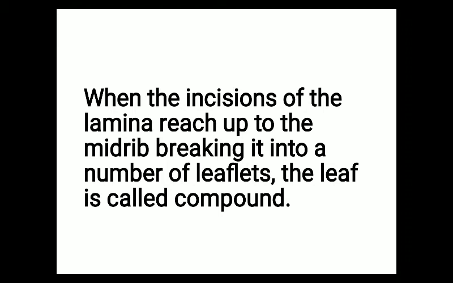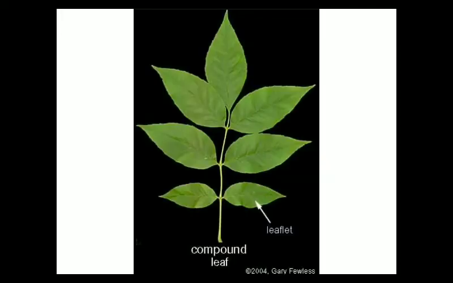Now we will come to the second type of leaf, which is the compound leaf. When the incisions of the lamina reach up to the midrib, breaking it into a number of leaflets, the leaf is called compound. So this type of leaf is known as compound leaf. What is the difference between simple leaf and compound leaf?